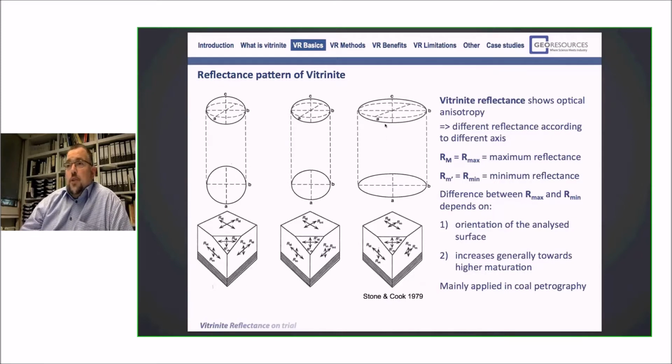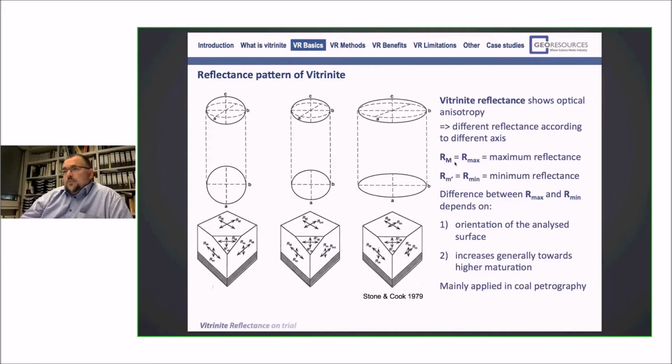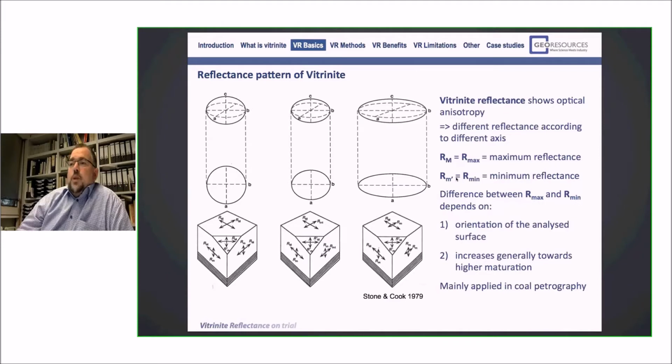This means, like all minerals, it has an optical anisotropy, so it always depends in what direction you analyze your vitrinite particle. You get the maximum value along the long axis, very often marked as Rm with a big M, or today more and more Rmax, meaning maximum reflectance, or the minimum along the short axis, the Rm or Rmin, which means minimum reflectance.